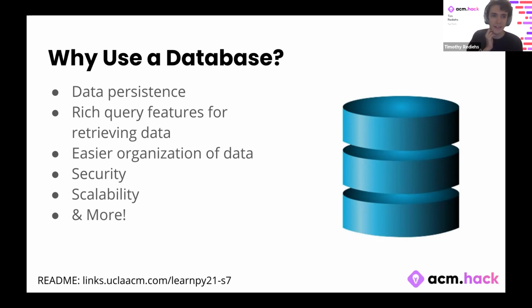Data persistence is the big one. You also have that these databases are designed to query data, so you don't actually have to do that yourself, which is usually a lot more efficient. And then scalability is also a big one because these databases are designed to store data, so you don't really have to worry too much about the implementation, which is really nice.